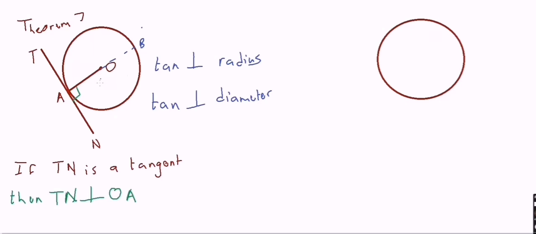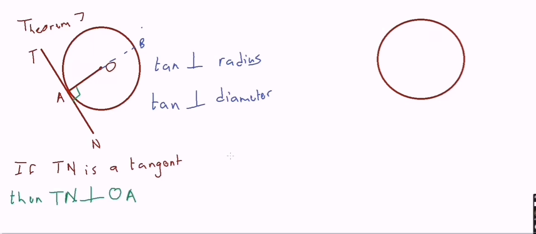If I've proven that, then I can now use the converse and say, therefore TAN is a tangent. And if TAN is a tangent, then the reason would be converse tan perpendicular to radius, or converse tan perpendicular to diameter. We do have questions where we are asked to prove things like that.